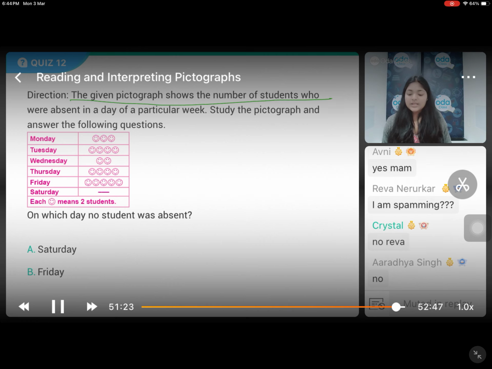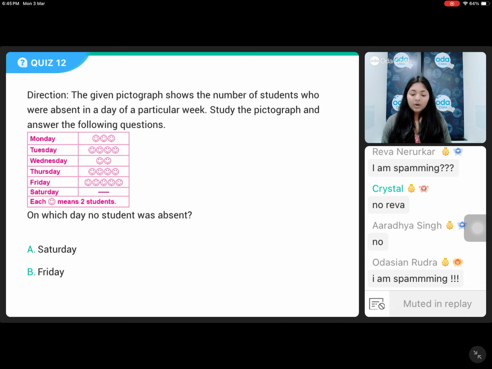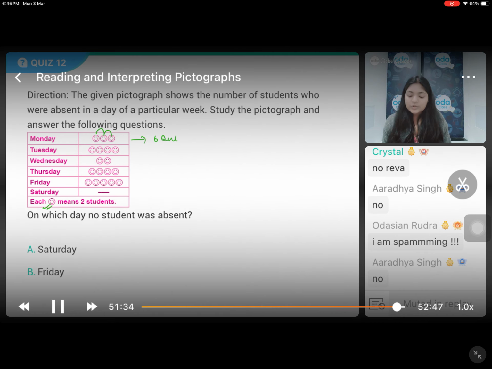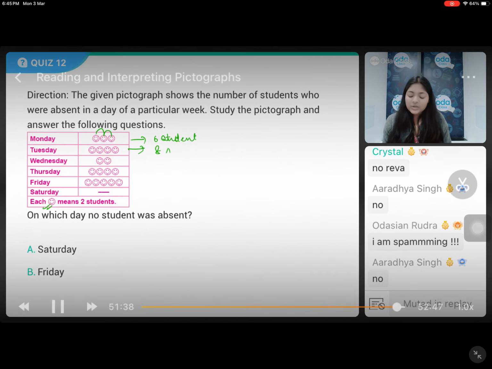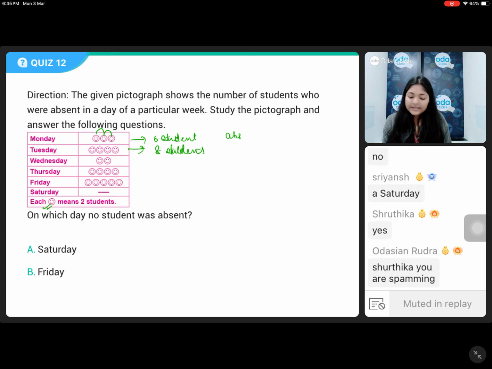Now the question I mentioned earlier, since some students had a doubt. The given picture shows the number of students who were absent. These are the absent students. One smiley is representing 2 students absent. So on Monday, it is 6 students: 2 plus 2 plus 2 is 6. On Tuesday, we have 8 students absent. These are the absentees. Here we have 4 students.